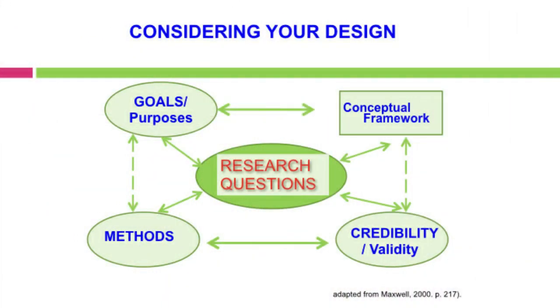So when you think you have your design kind of cohesive and so on, you want to make sure that these items are all very clearly implicated, so that your goals and purposes are clearly shown in your research questions and your methods and so on.